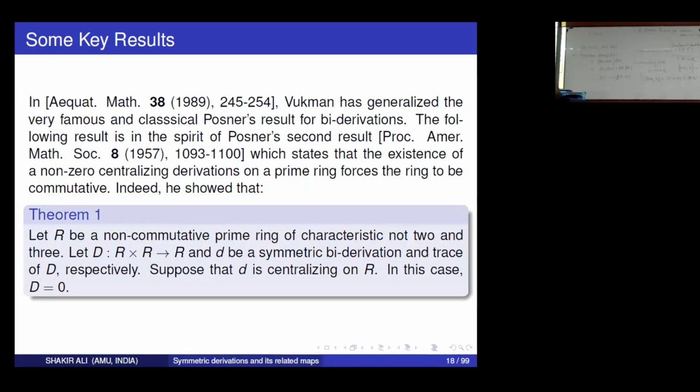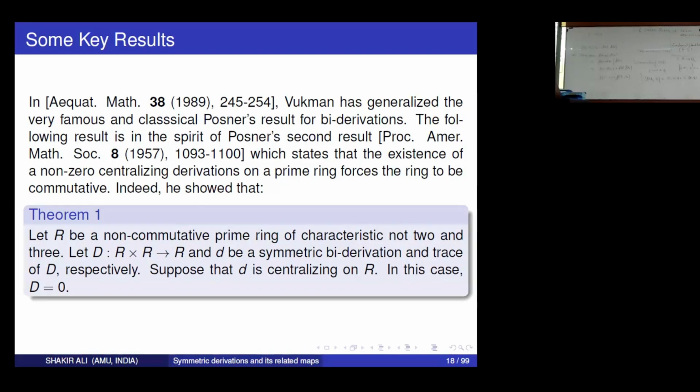On the other hand, as I told you, if you take R any prime ring and this is non-zero, then R becomes commutative. That means a prime ring with non-zero trace implies R is commutative.